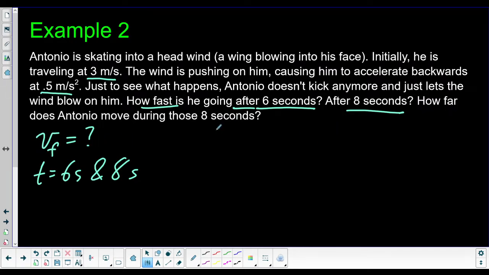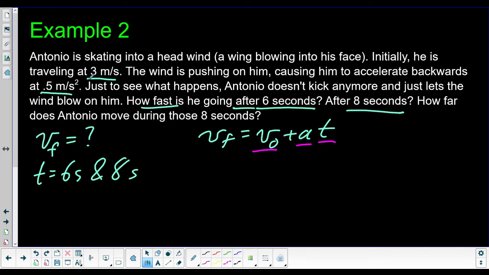All right, equations. V final equals V initial plus acceleration times time. I realized I just swapped the order of this, but again, addition is commutative, so the order of adding things doesn't matter. So let's go back. We need to find the initial velocity. We already have our times and an acceleration.